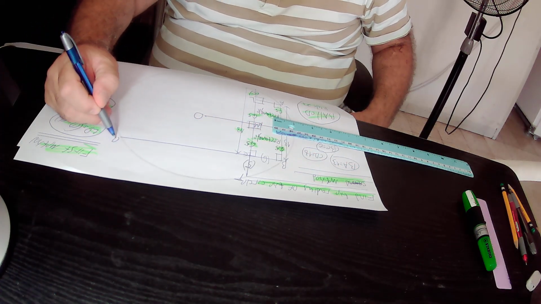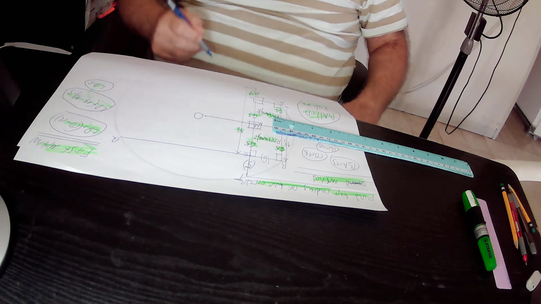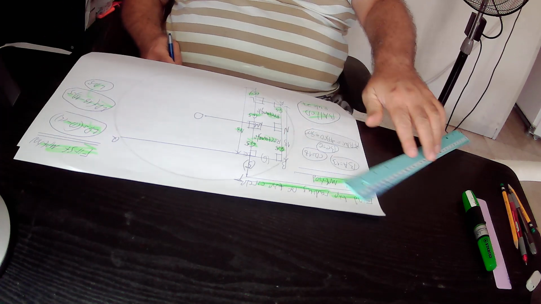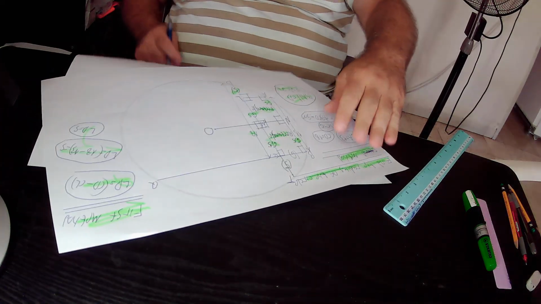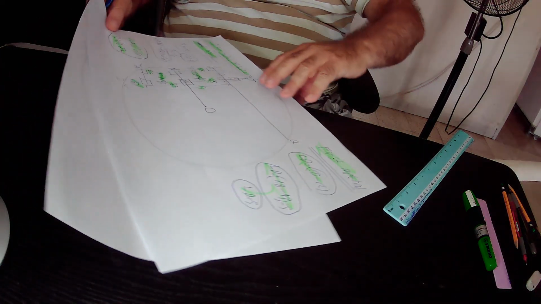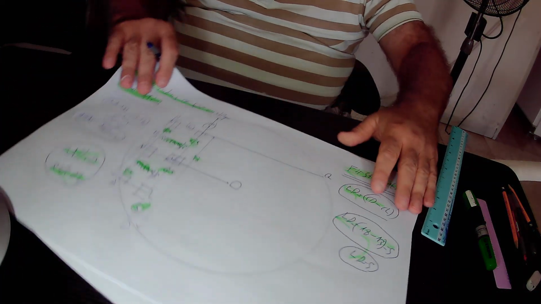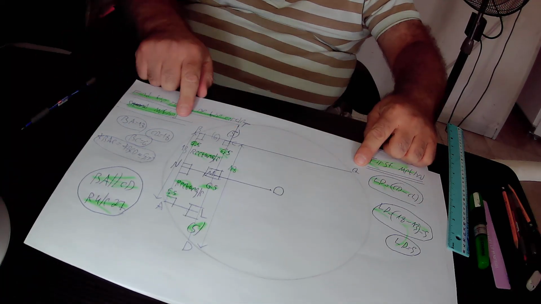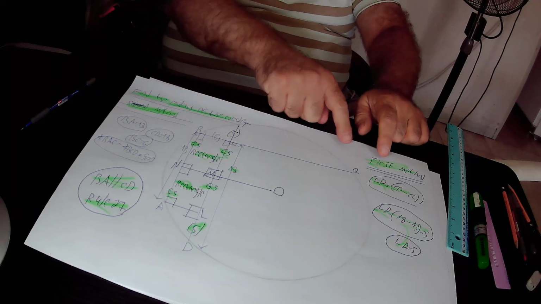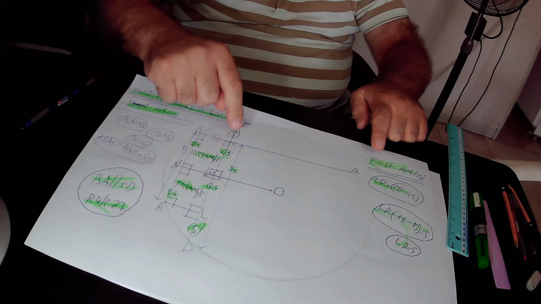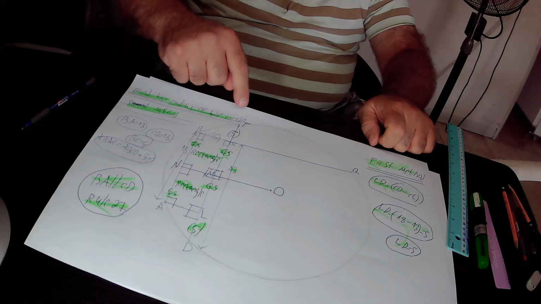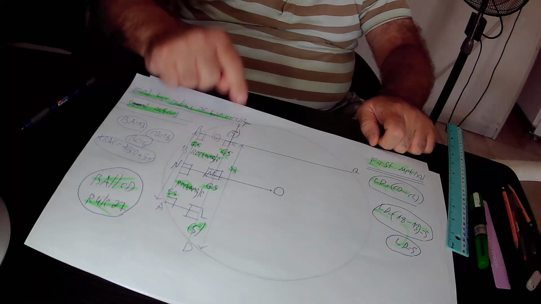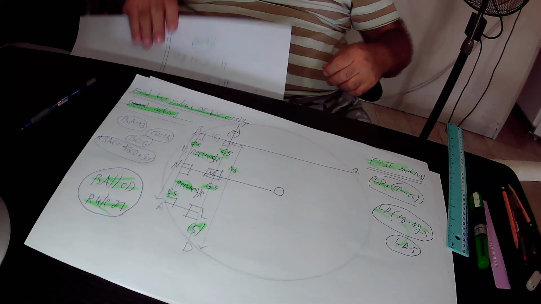This point is point Q. By doing this construction, we create chord BQ, and chord BQ intersects with chord TD at point C. So write it down.